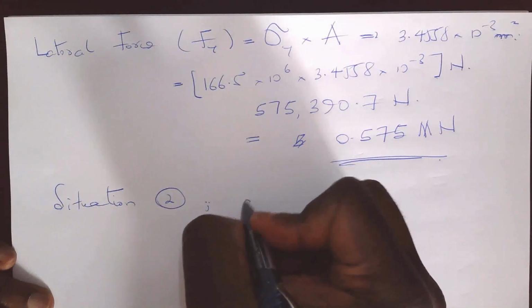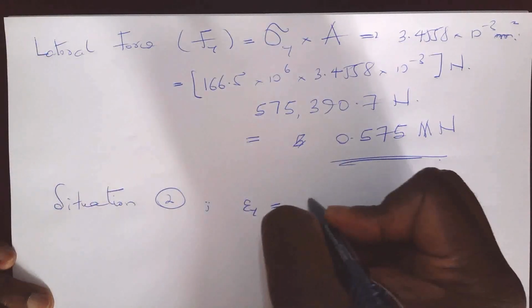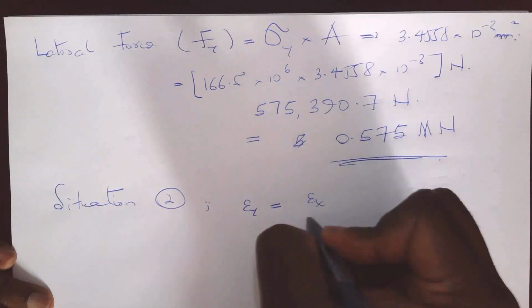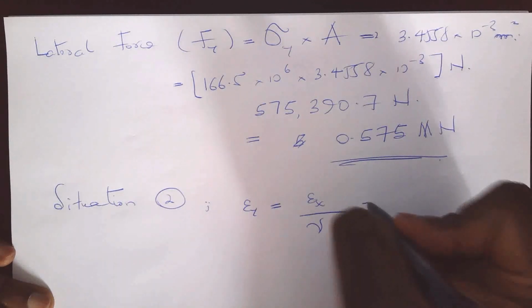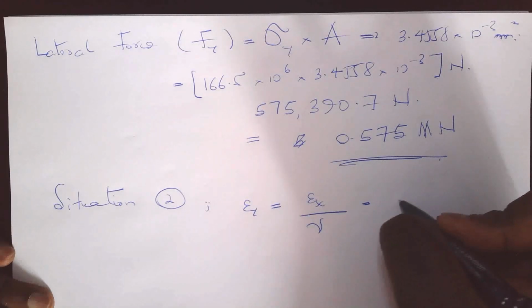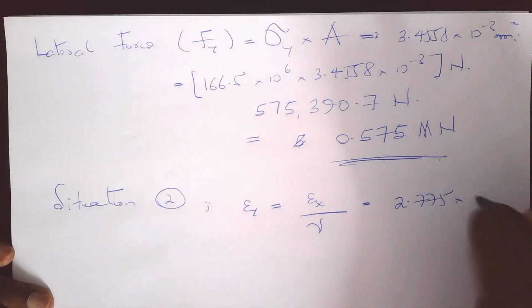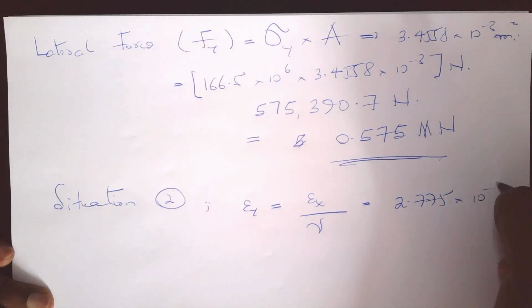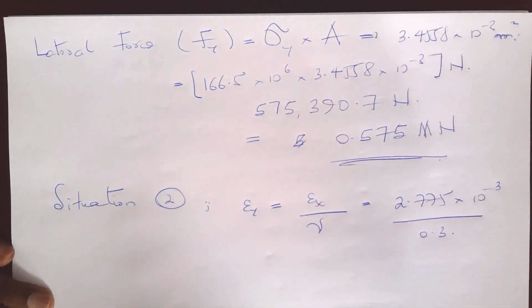We stated that epsilon y will be equal to epsilon x divided by mu. So this will be equal to 2.775 times 10 to the power minus 3 divided by 0.3.